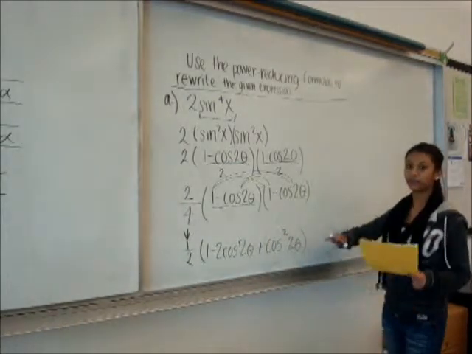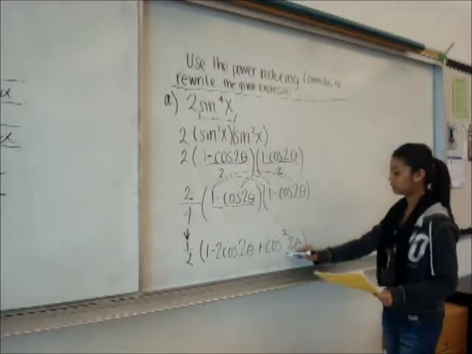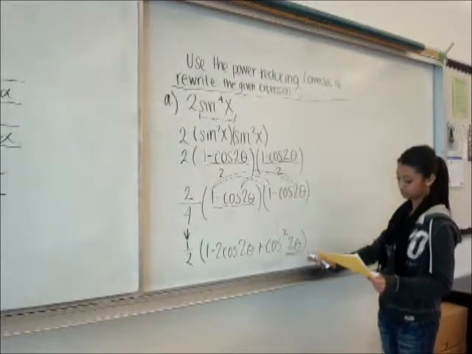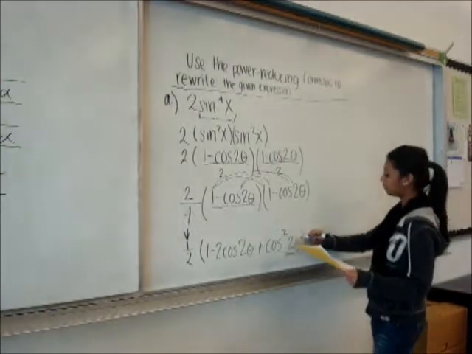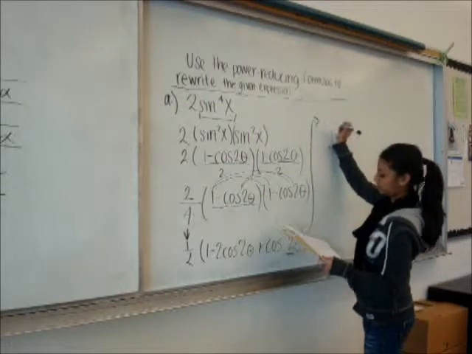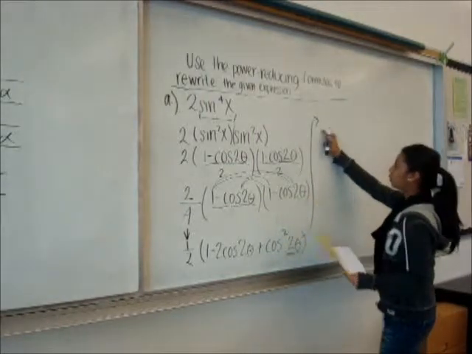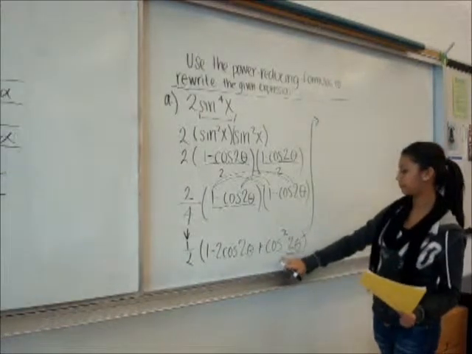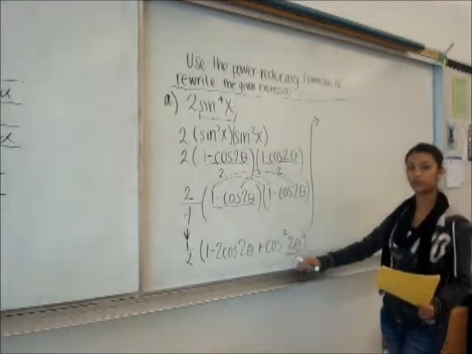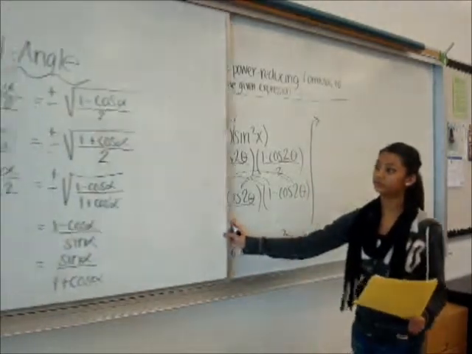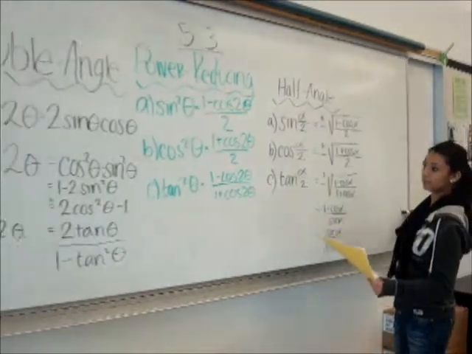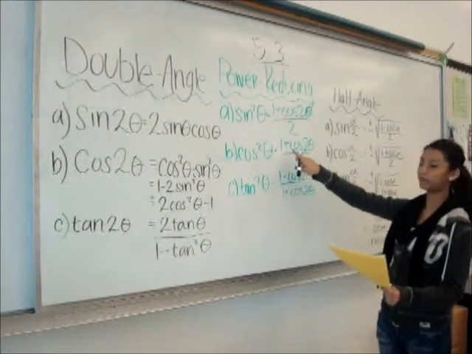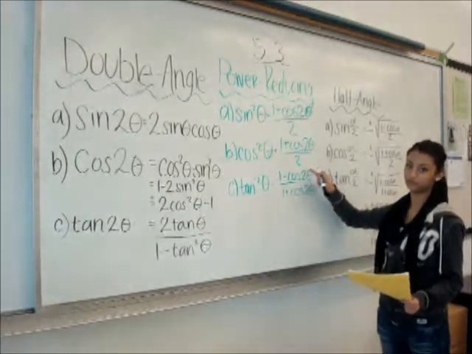Now for the next step, you're going to want to remember that 2 theta is your entire angle. It's not going to be just theta. It's going to be 2 theta. So moving on to the next step, we use the power reducing formula once more to change this cosine squared 2 theta into 1 plus cosine 2 theta over 2.